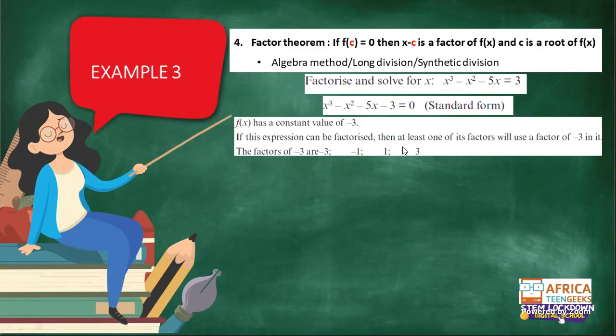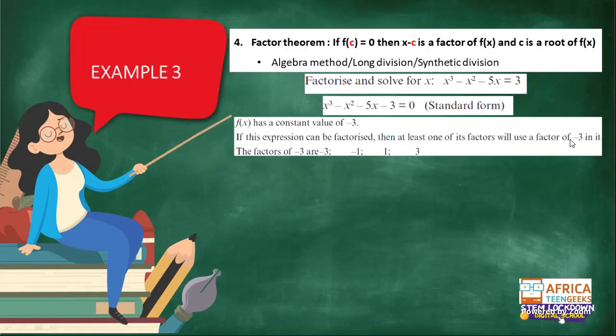So what this is simply saying is that if you have this last term, then one of the factors, remember factors are those values that you multiply to give you your original function, will have factors of 3.